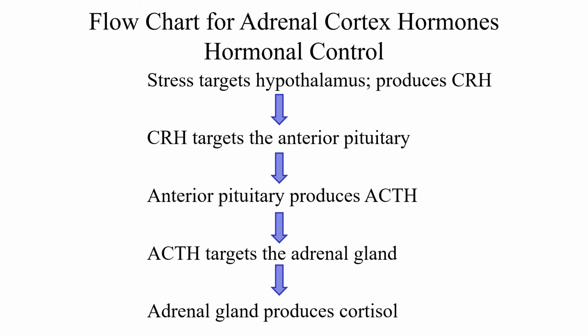ACTH targets the adrenal gland. It may encourage aldosterone and cortisol release, so you get a 2-for-1 here. You not only will get an increase in blood pressure, but you can also get an increase in blood sugar. That's because cortisol helps to increase glucose levels by breaking down what? Breaking down fats and proteins.